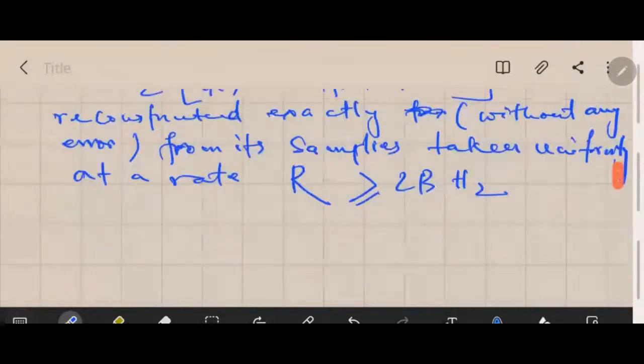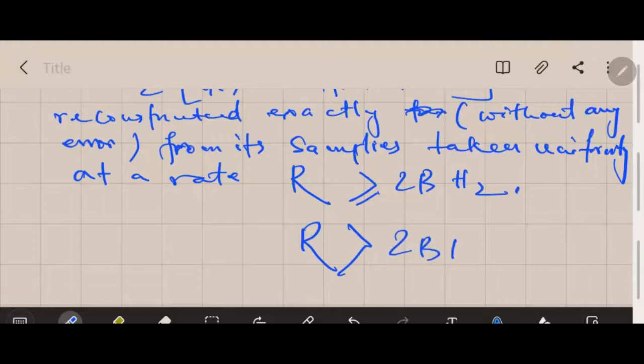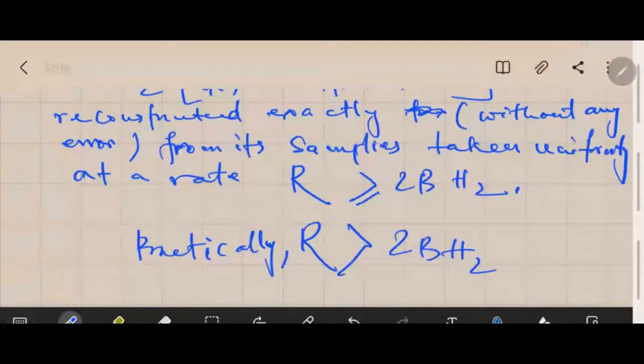Later on we will see that equal to 2B hertz will not be possible. The exact rate that we will require is greater than 2B hertz for practical conditions. Theoretically R should be greater than or equal to 2B, but practically you require R greater than 2B hertz, where R is the rate at which samples will be taken.